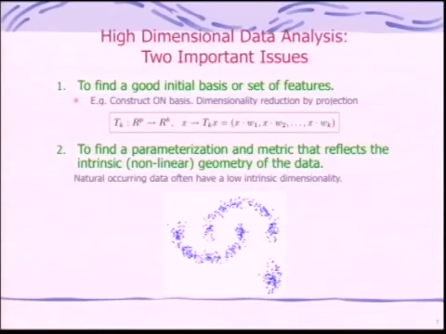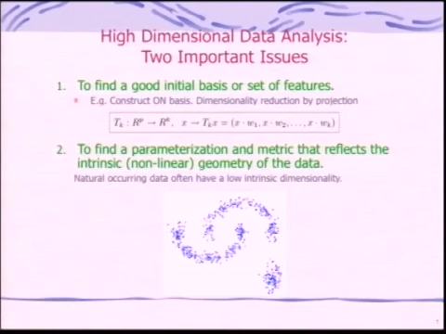So as I see it, there are two main issues in high-D data analysis, and they've been mentioned in the previous talks, but perhaps they haven't been emphasized in this workshop. The first is that you need to find a good initial basis or set of features. And that's before you do regression and enforce sparsity on the regression coefficients.